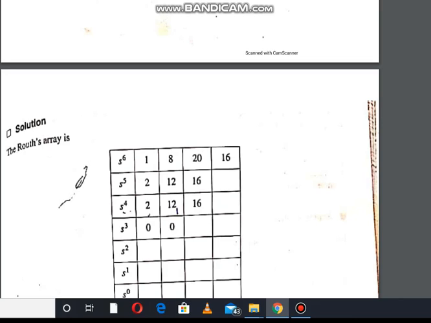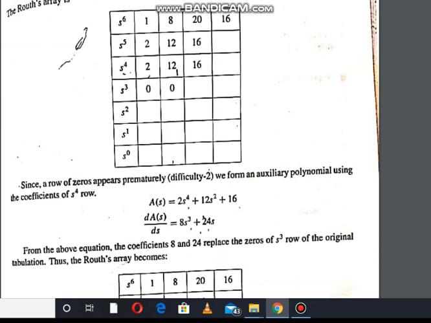Then how to simplify this type of problem? Here we have to write an equation by using the previous row. We got zeros for the s cube row, so we consider the s to the power 4 row and write the polynomial equation. That polynomial equation is A of s equal to 2 into s to the power 4 plus 12 into s square plus 16.